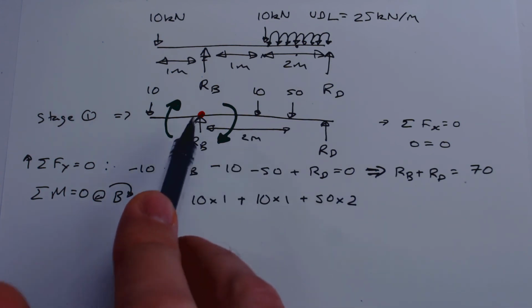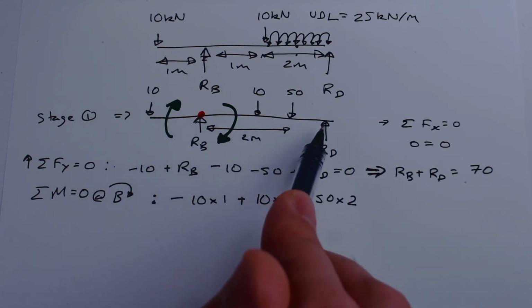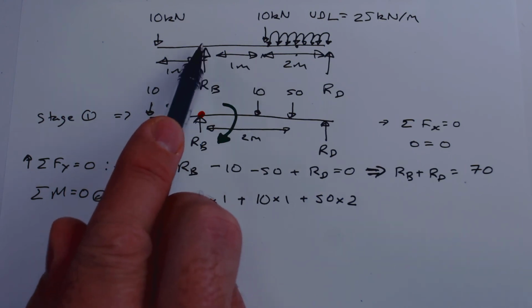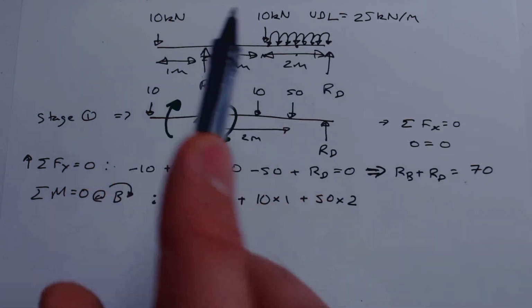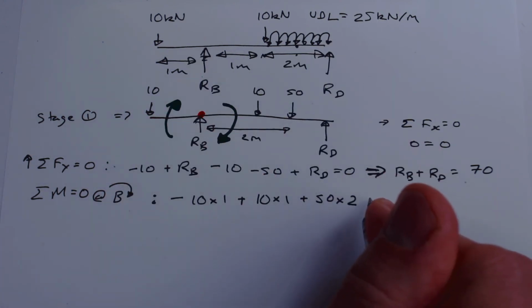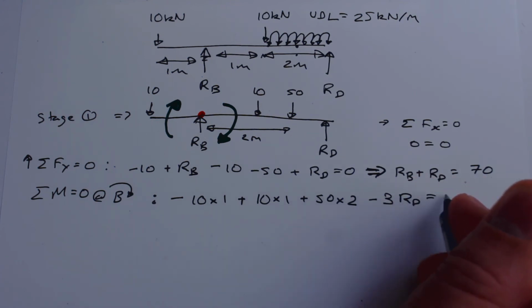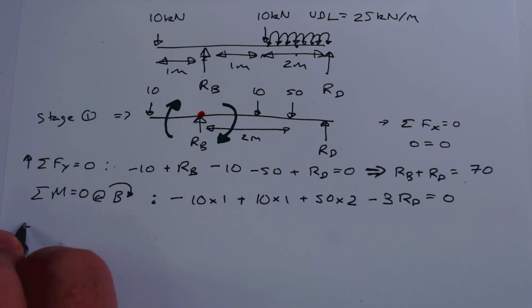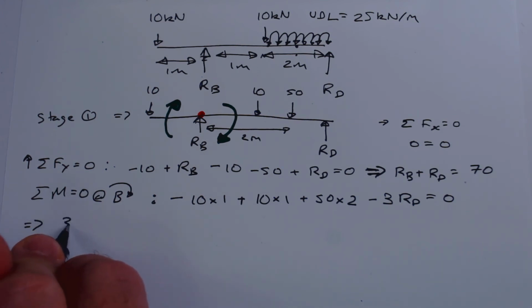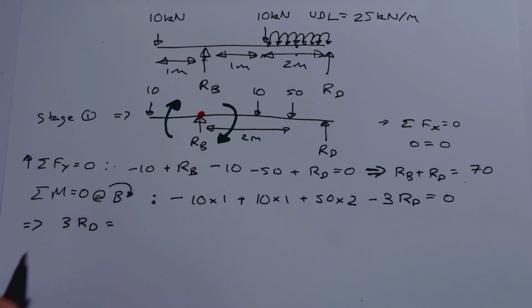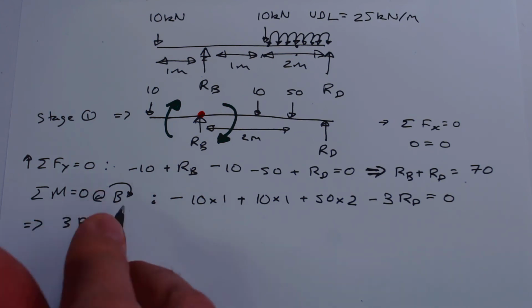And then finally the distance from here to here, well, I have to go back to this diagram. The distance from here to here is 3 meters, so that would be minus 3 RD equals 0. So therefore I have 3 RD equals, well actually this is quite straightforward, because that and that just cancel one another, and we're going to end up with 100.